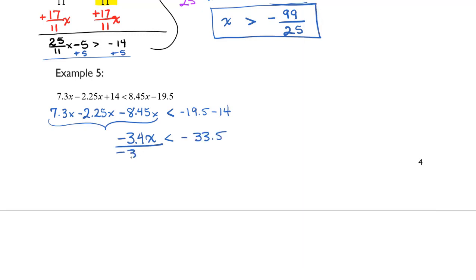Now we will divide both sides by negative 3.4.